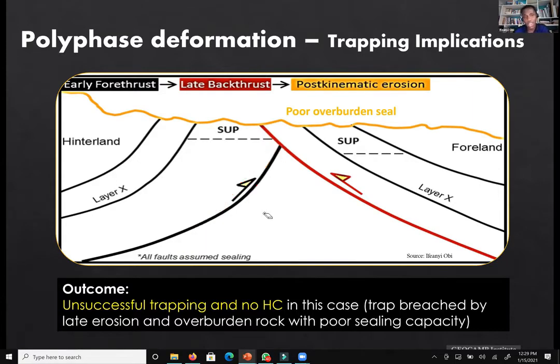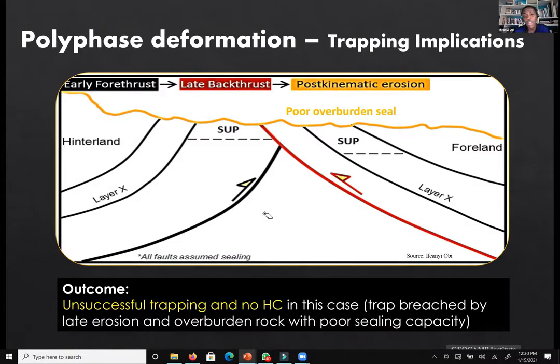And then at a particular time, T2, we had a late back thrust system, which could be as a result of anything, maybe space constraints, or movement in the opposite direction, depending on what the stress regime and stress direction of that basin was at that second time. So forethrust followed by late back thrust.